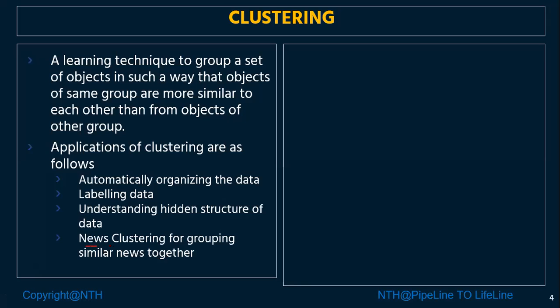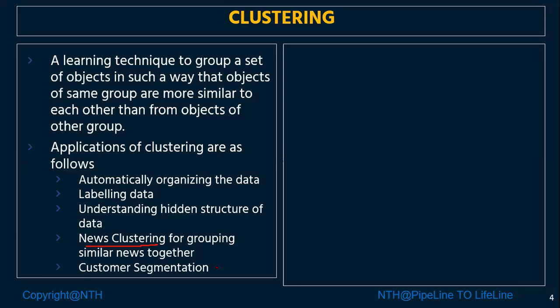So news clustering. Obviously, there are different types of news, maybe sports news, political news, entertainment news. If you look at news on television or in day-to-day life, it will be categorized into different categories. So based on the content of your news, it is going to be categorized and clustered automatically with the help of this technique.